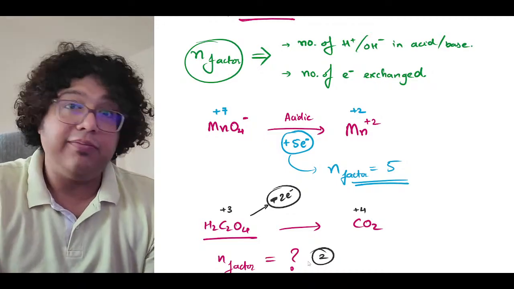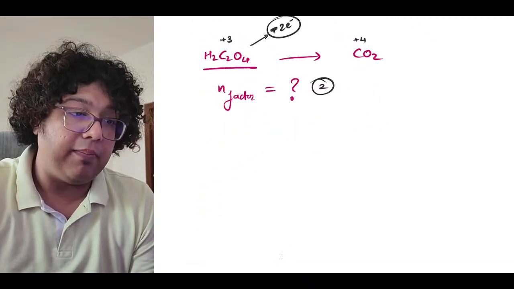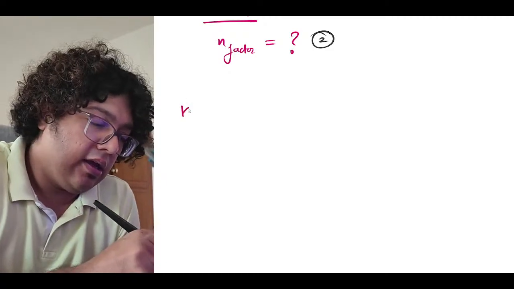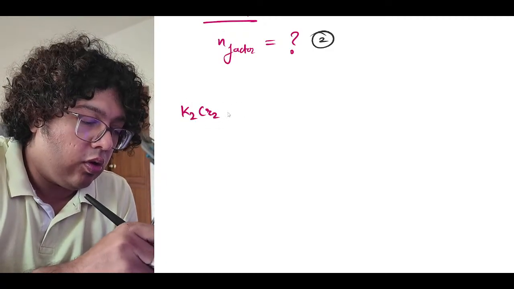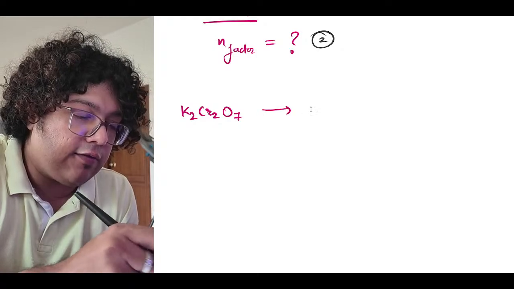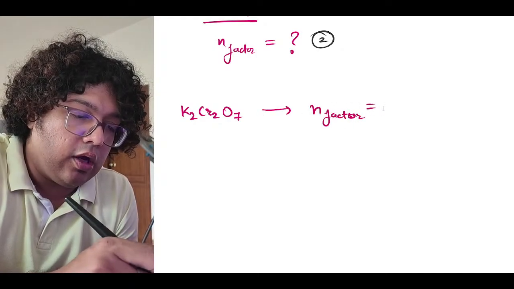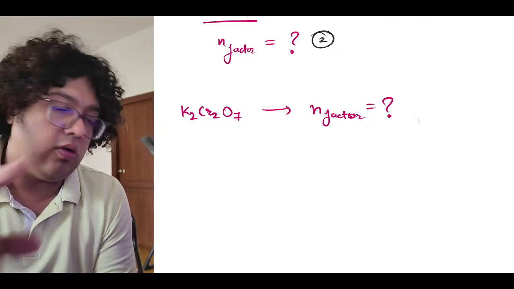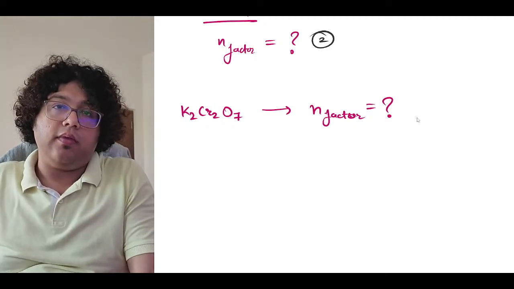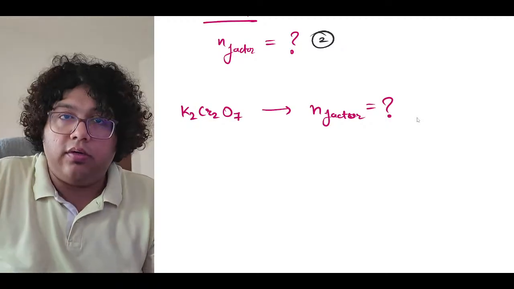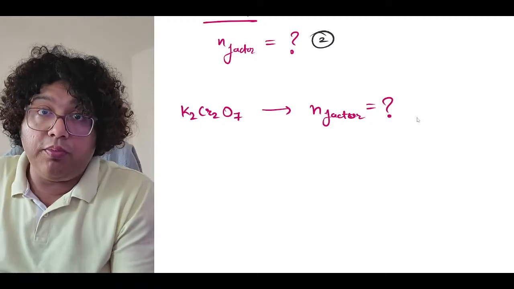Yeah? Now let me tell you something very interesting. Permanganate is a very weird one. Okay, we'll talk about that later. Let me know the N factor for K2Cr2O7. Now you will be like, sir, tell us the reaction. No, I won't tell. I want you to try to recall potassium dichromate.